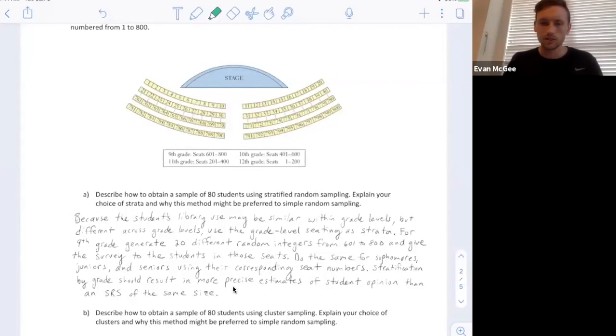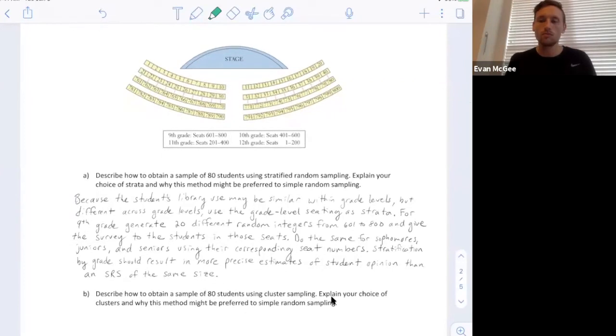Let's finally take a look at how to obtain a sample of 80 students using a cluster sample, and we'll discuss why this might be preferred to a simple random sample. So if I want to take a cluster sample, then in each cluster I need to have freshmen, sophomores, juniors, and seniors.